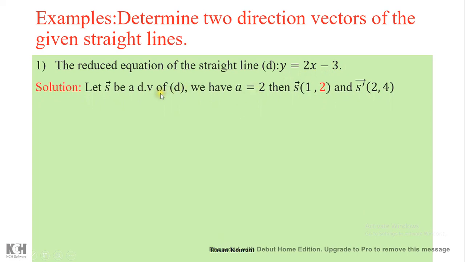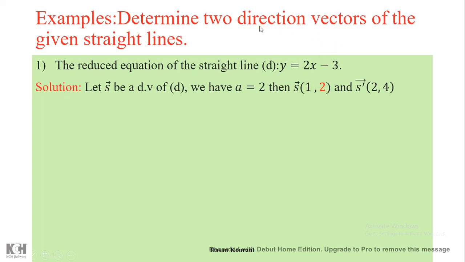Let S be a direction vector. As a rule, we can determine it directly from the equation: S is (1, a), so here a is 2, thus a direction vector is (1, 2).